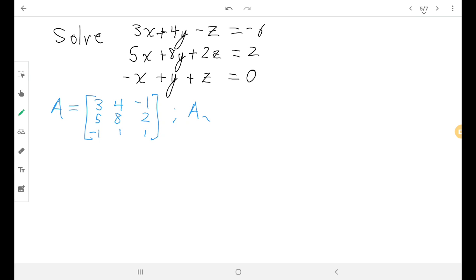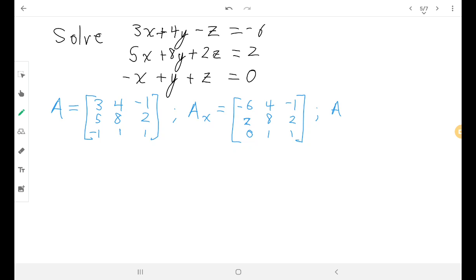Matrix A sub x would be: replace the x column with the answers. So the first column would be negative 6, 2, 0, and then copy the other columns, 4, 8, 1, negative 1, 2, 1.